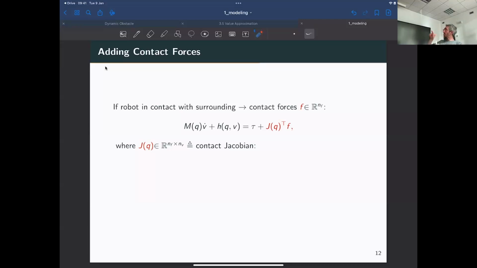If instead of having a point contact, I have a surface contact, so I touch the wall with my whole hand, in this case, what's the dimension of the force vector? Why 6?